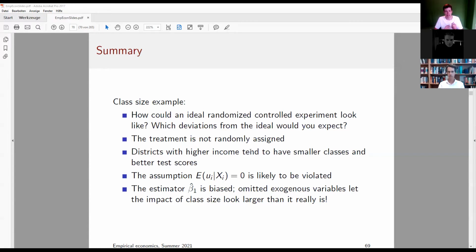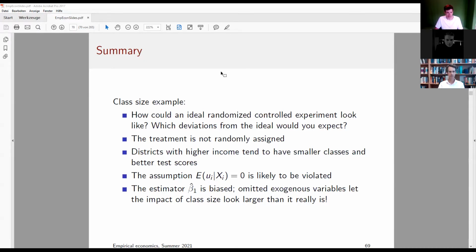But we found that there are some difficulties, for example, that the treatment, in this case class size, is not randomly assigned between students, but we have observational data and not experimental data. So some districts have smaller classes, some districts have, of course, larger classes, but students are not randomly assigned to larger or smaller classes. So maybe our first OLS assumption might be violated.